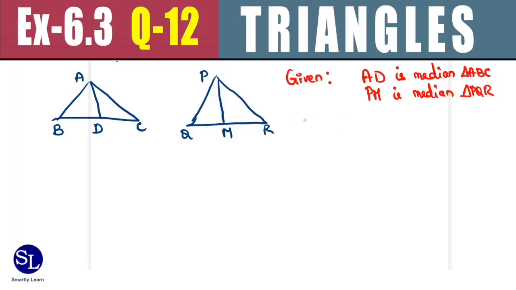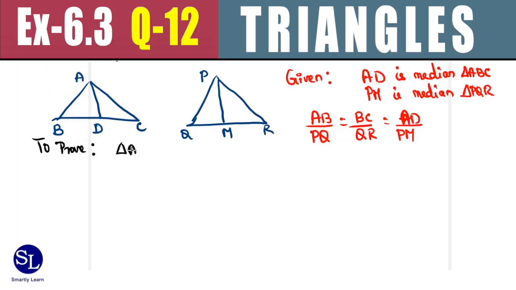So let's convert that into an equation. AB by PQ is equal to BC by QR is equal to AD divided by PM. So this is also given to us. To prove is triangle ABC is similar to triangle PQR.